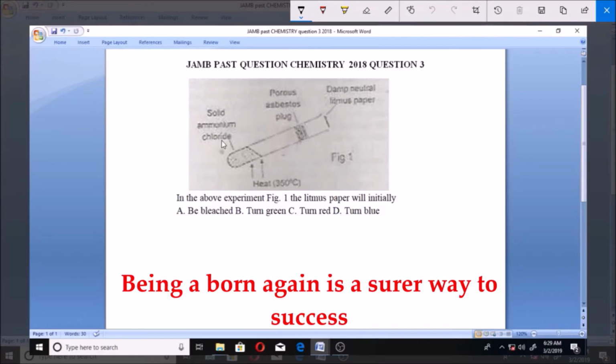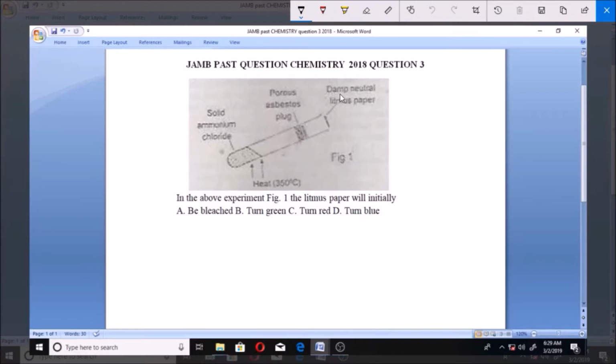So this is the actual experiment in this fig 1. This is a damp neutral litmus paper. It's placed on top of this tube, and this is a porous asbestos plug, and right inside this tube we will have solid ammonium chloride, and it is being heated to a temperature of 350 degrees Celsius.